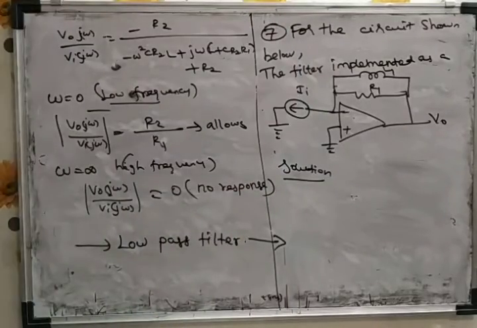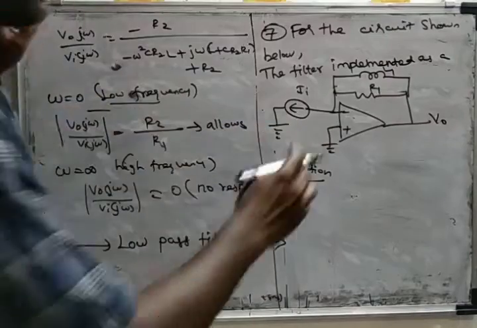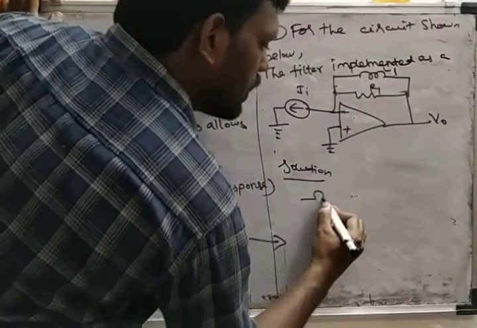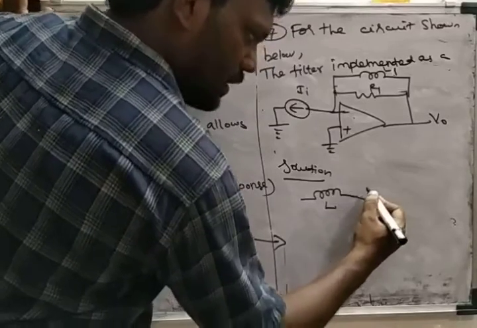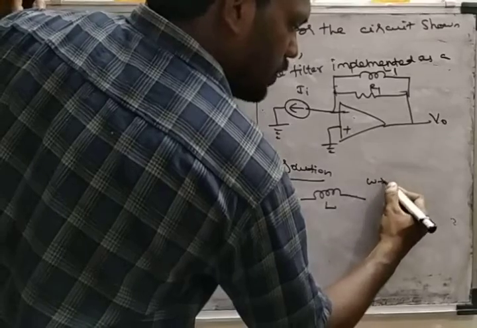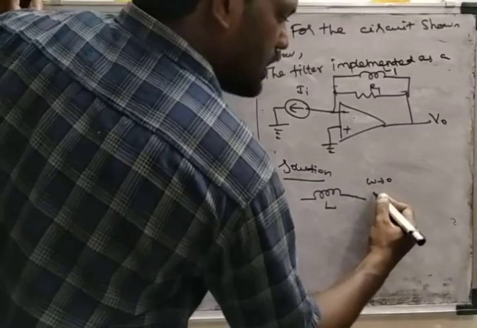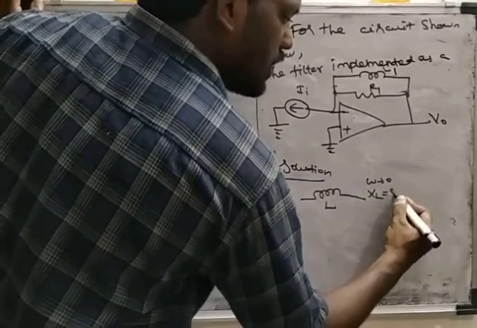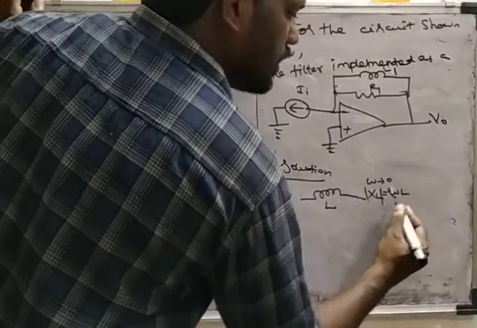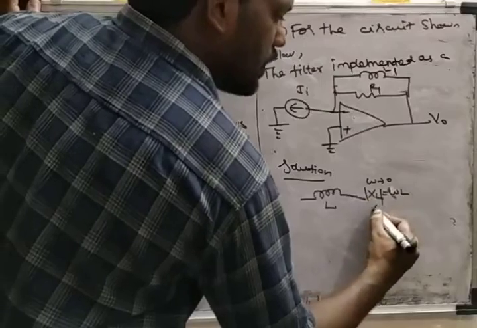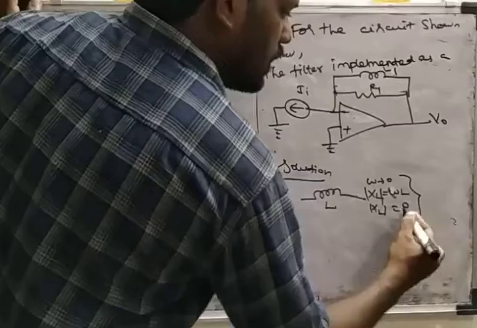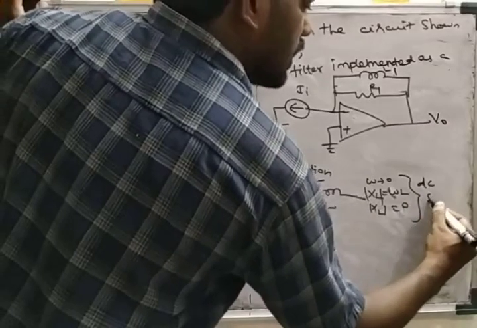For this kind of problem, we know that inductance allows low frequency components. If omega is 0, the inductive reactance j omega L gives impedance 0, which means it allows DC signal.